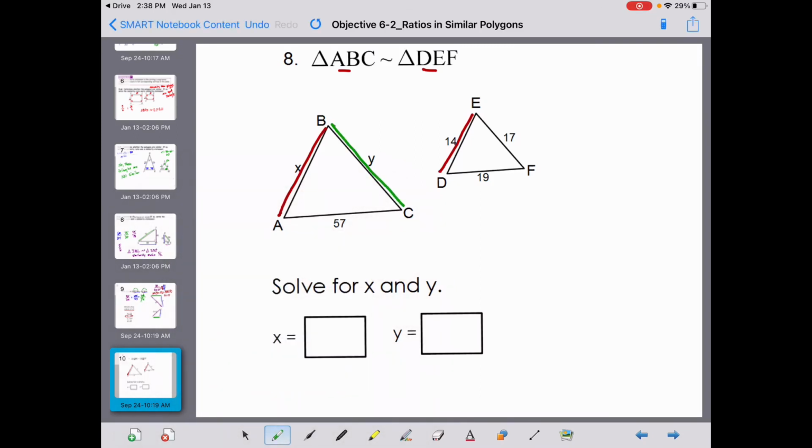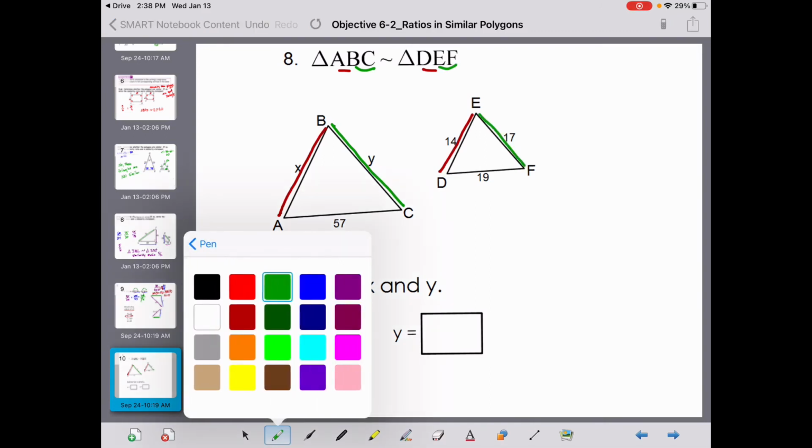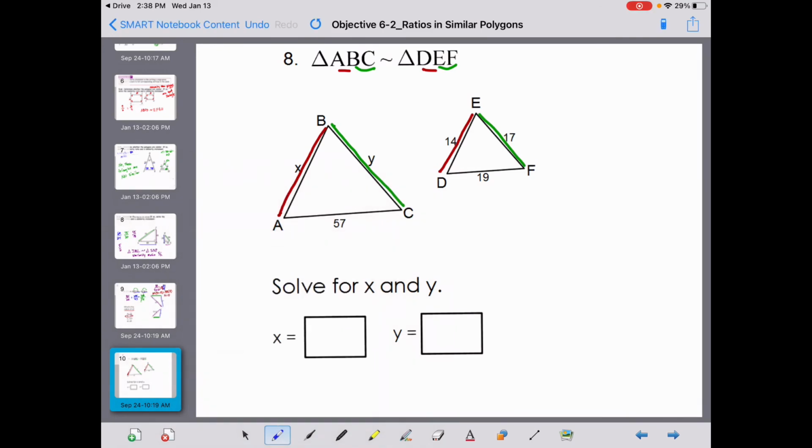BC, EF, and then CA, DF. Okay. There we go. That way I can see my numbers right there.